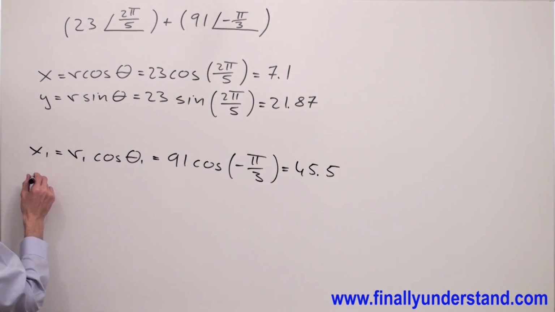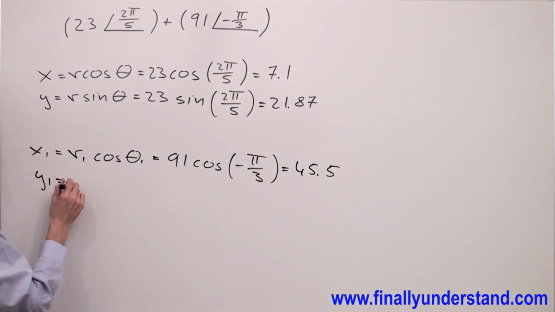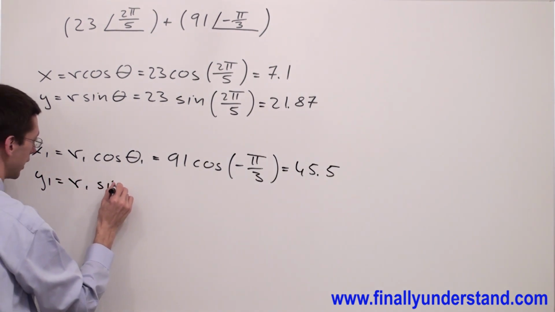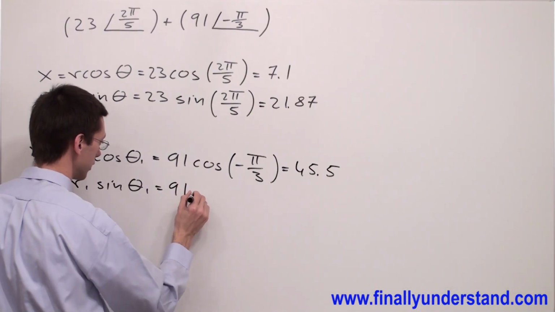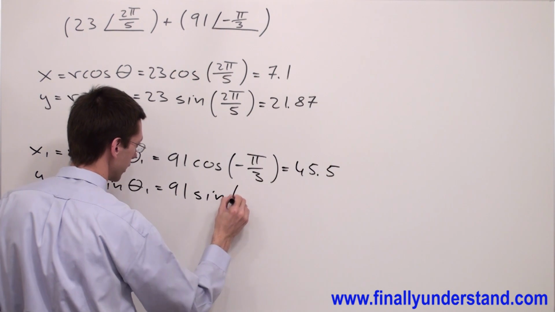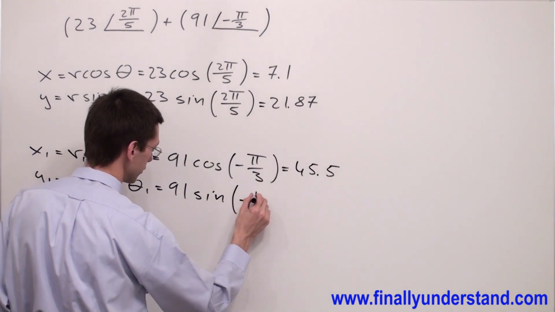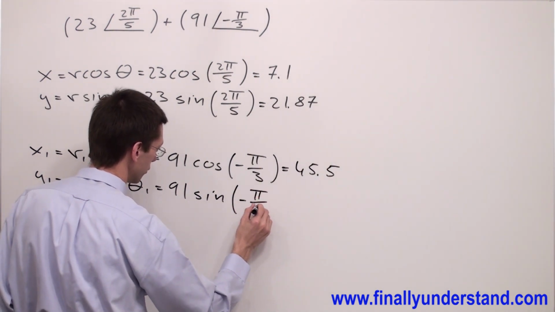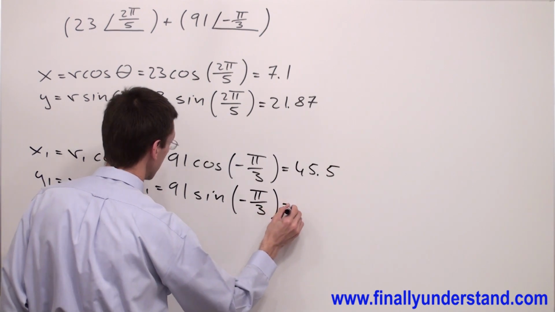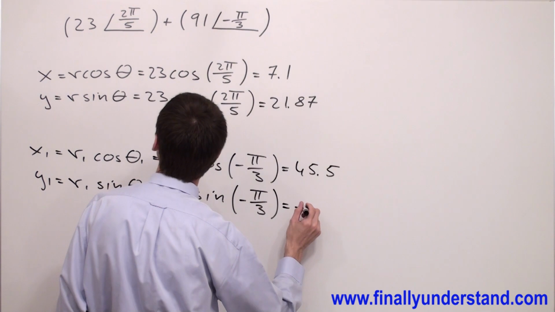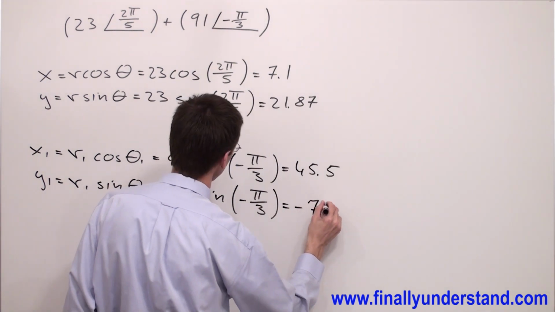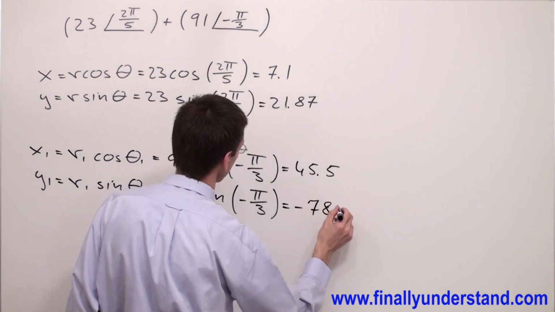And I have y1 equals r1 sine theta 1, which is equal to 91 sine, open parenthesis, negative pi over 3. This is equal to negative 78.8.